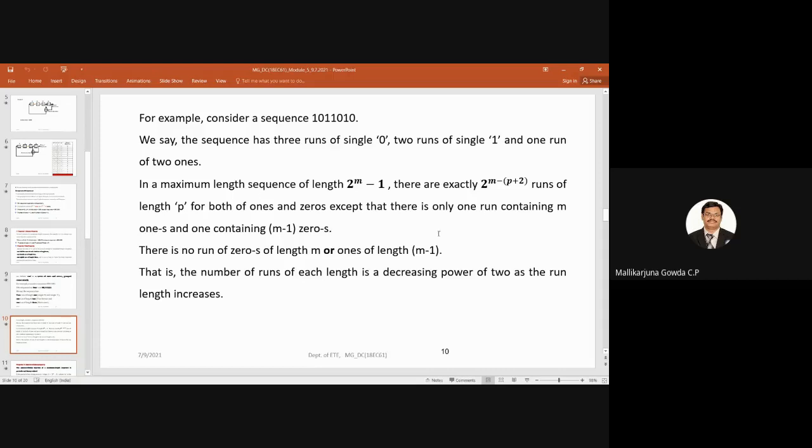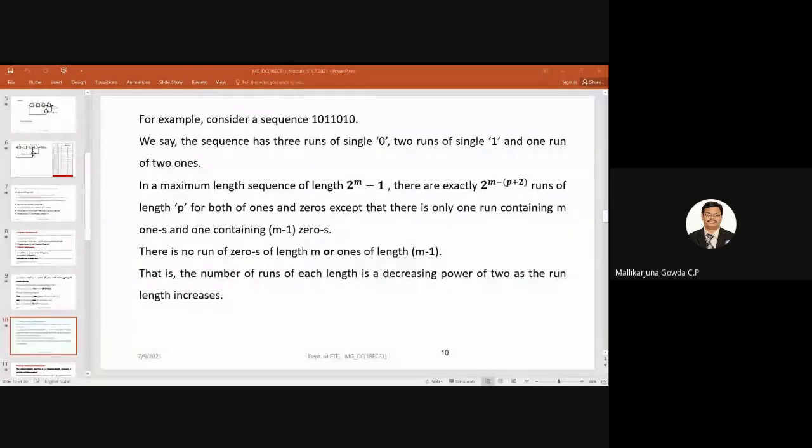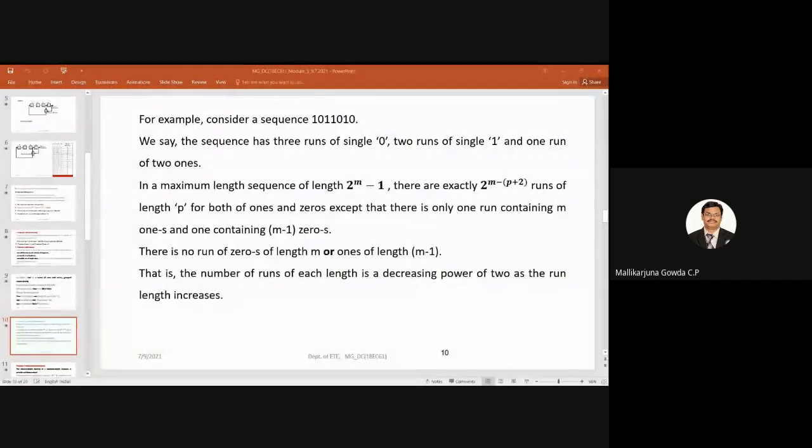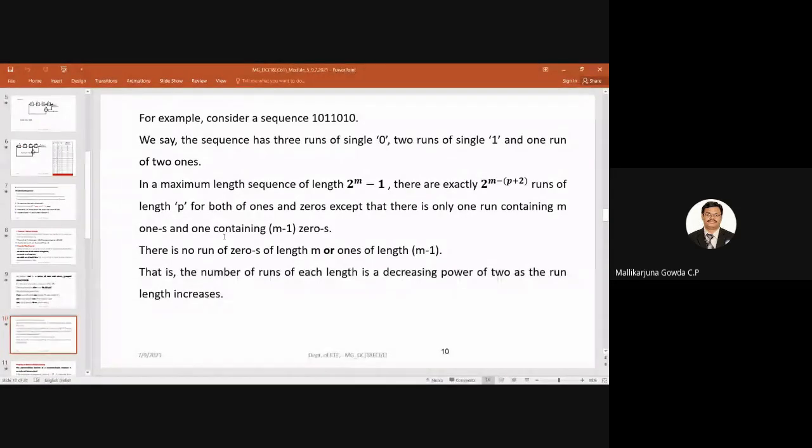With respect to this example, what is that sequence I've taken? 1 0 1 1 0 1 0.